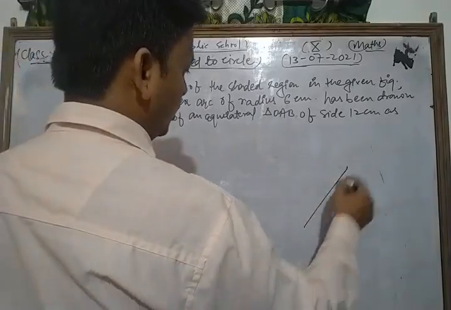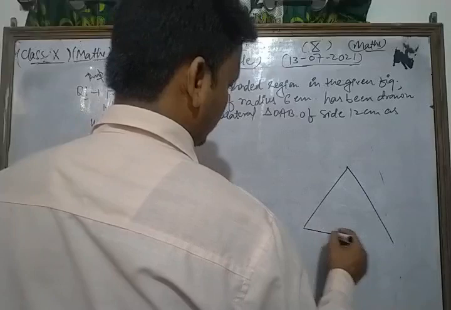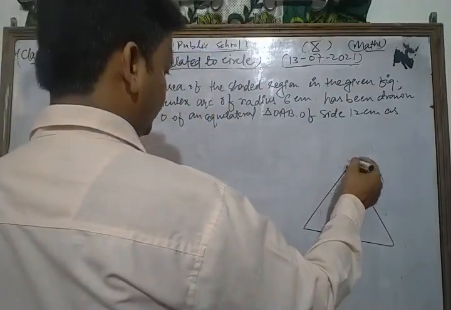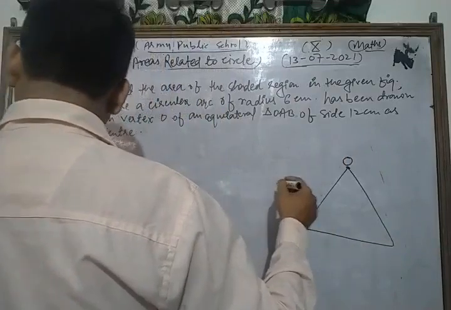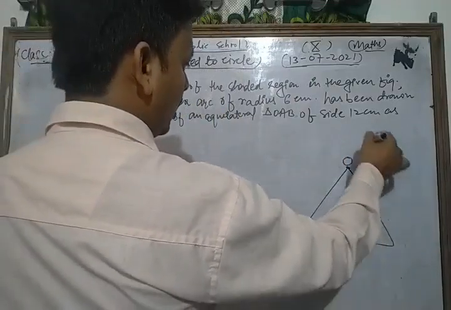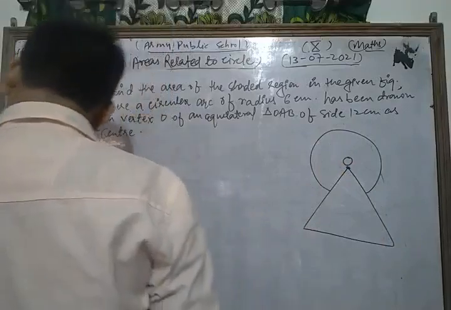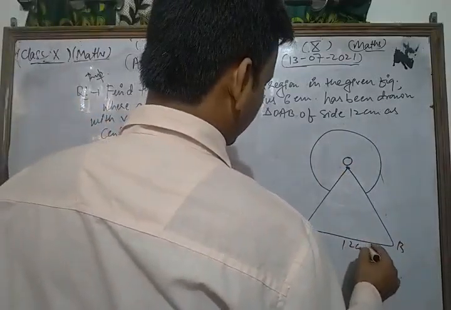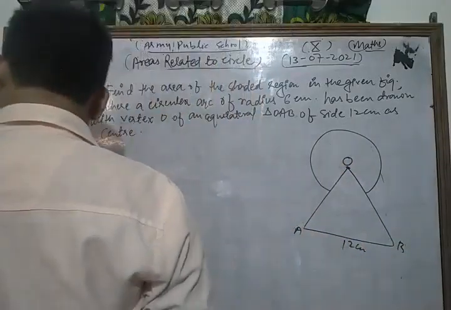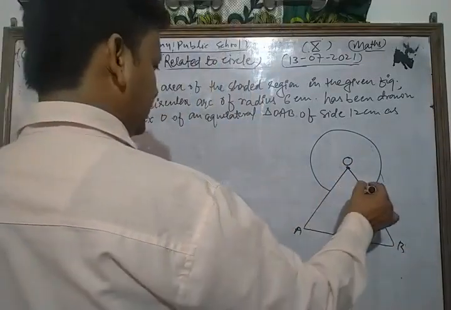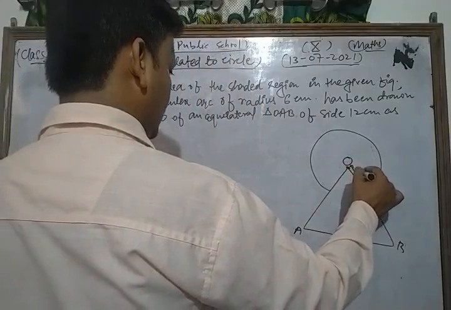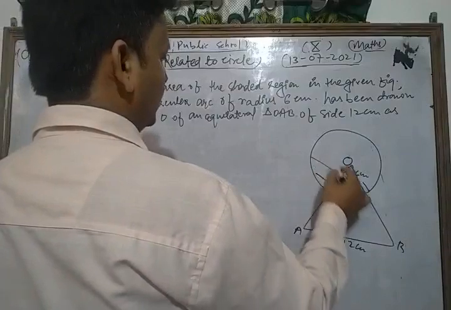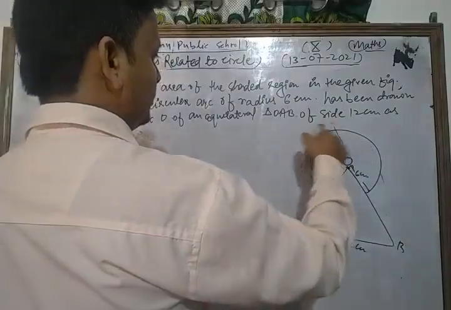Now look, an equilateral triangle is given, okay, and O as center, and this side is 12 centimeter, okay, and this is 6 centimeter, and this one is the shaded region.